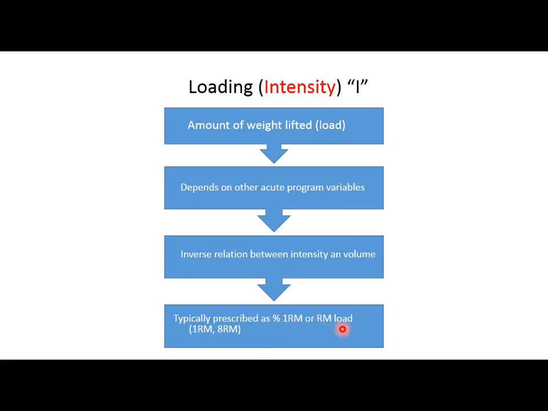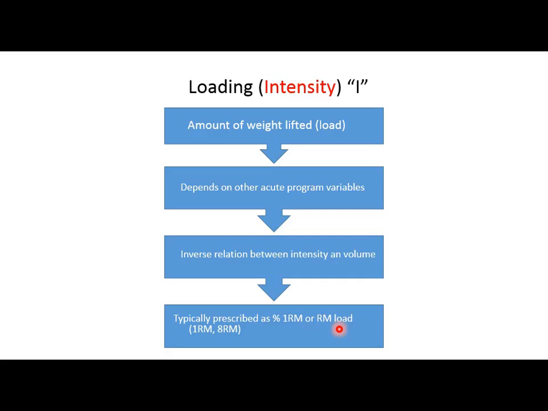So here's the thing about intensity. If you can bench press 100 pounds for your 1 repetition maximum, I'm probably not going to prescribe you your 100% 1RM load, but I might prescribe you 70% of your 1RM load, so like 70 pounds.